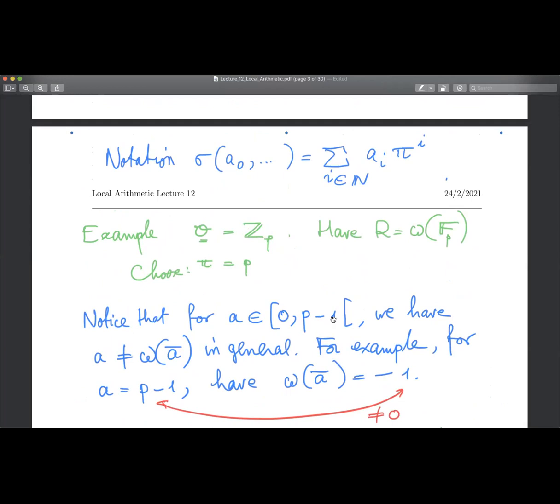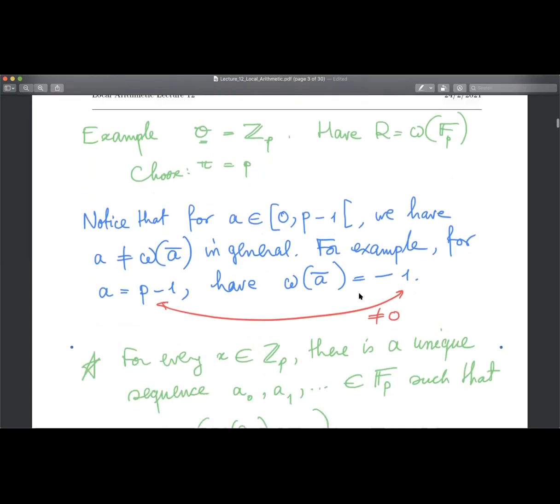They are sort of the digits in this base p or p-adic expansion, is what such a power series is going to be called, pi-adic in this case.